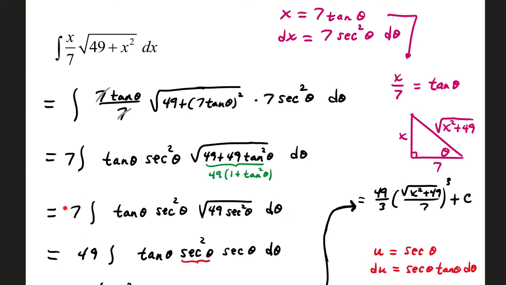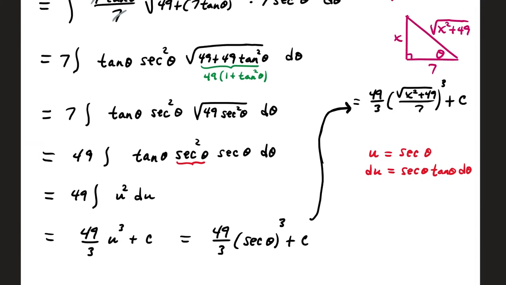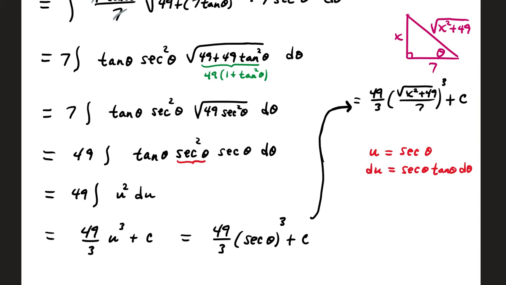The 7 that's currently out here from that 7 times the 7 we get from the square root of 49 makes that 49 out front. Then we have tangent theta, secant squared theta, and this leftover secant from the square root.